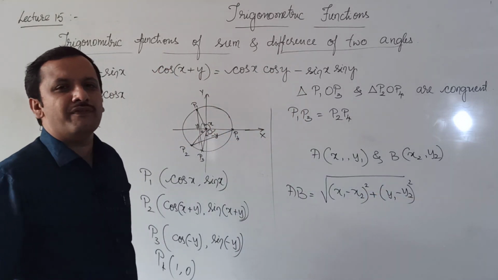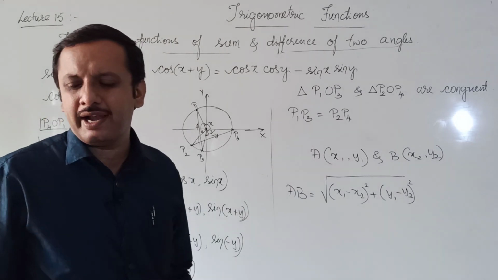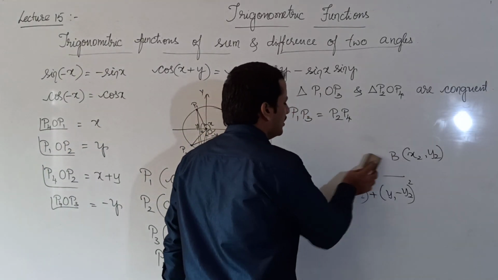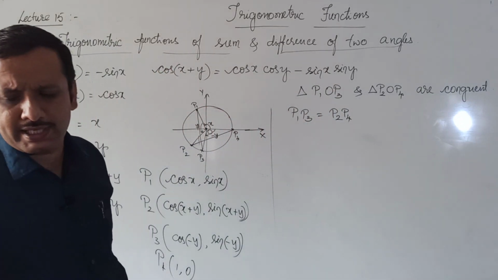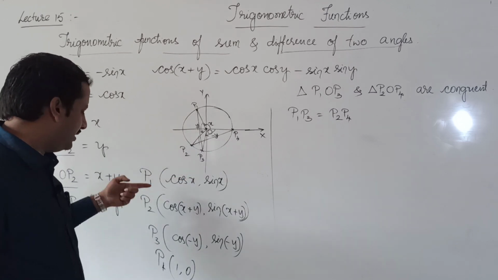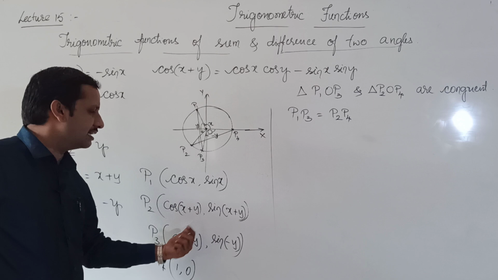This is how we find the distance between two points. This is called the distance formula. You already know that formula. I am going to use it here to find the distance between P1 and P3.